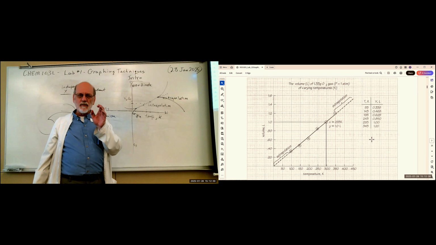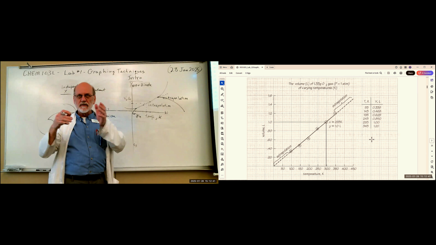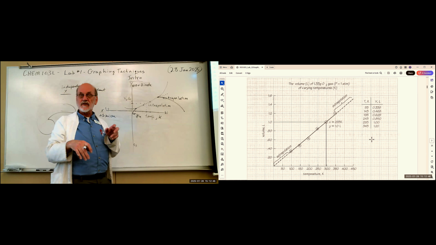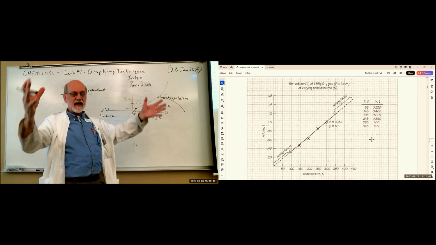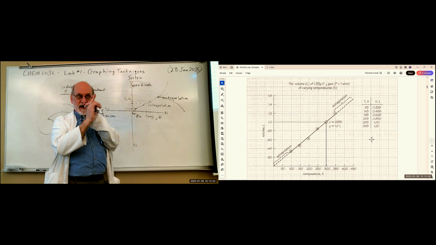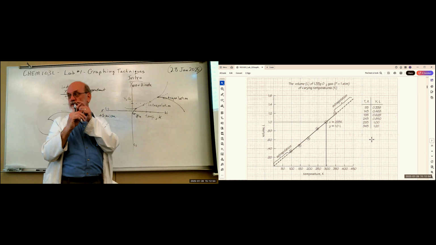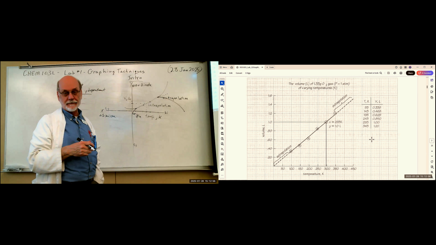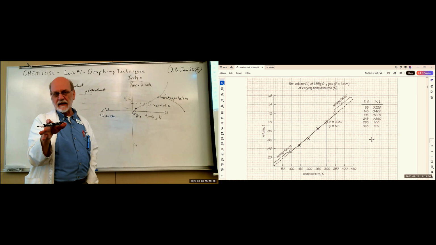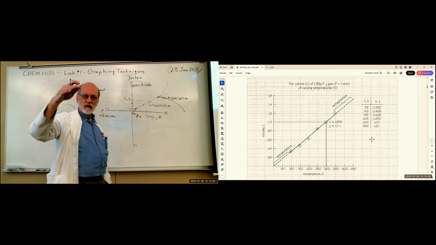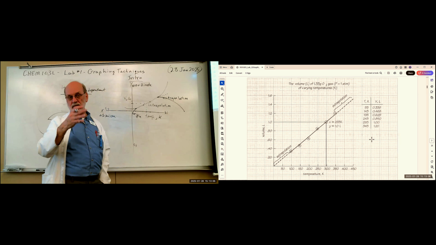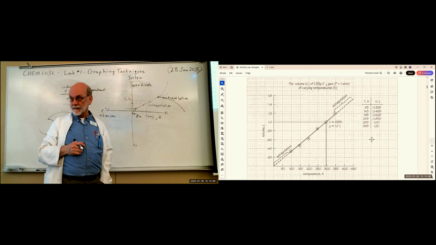Then you have to decide, how am I going to divide up those hash marks, those lines, so that I can spread my data out over the available space. Because the wider you can spread it, the finer you can detail when you do your what ifs. So in this case, we're spread over 450K on the x-axis and 1.6 liters maximum on the y-axis.